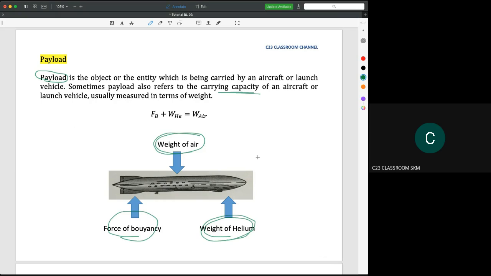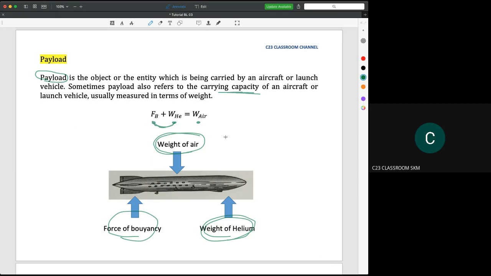If we imagine this situation, we could have a calculation of force of buoyancy plus weight of helium. Both parameters help this object float going up, and it must equal the weight of air, because the weight of air is usually going down.